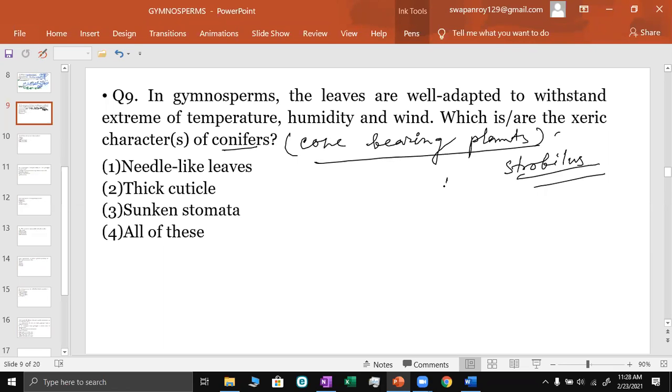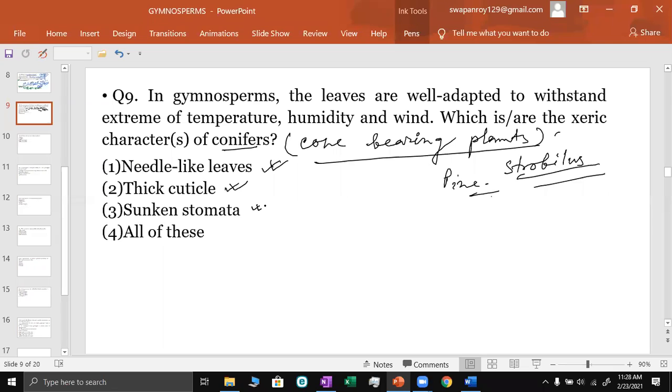Pine is a common conifer. In pine tree, needle-like leaves are there. What does the needle-like leaf do? It reduces the surface area. Thick cuticle is also a character of xerophytes.